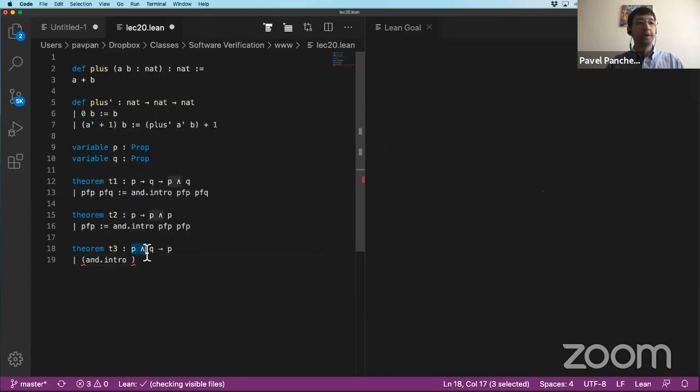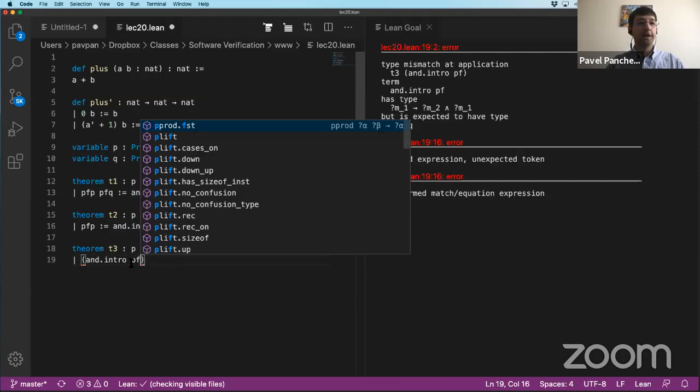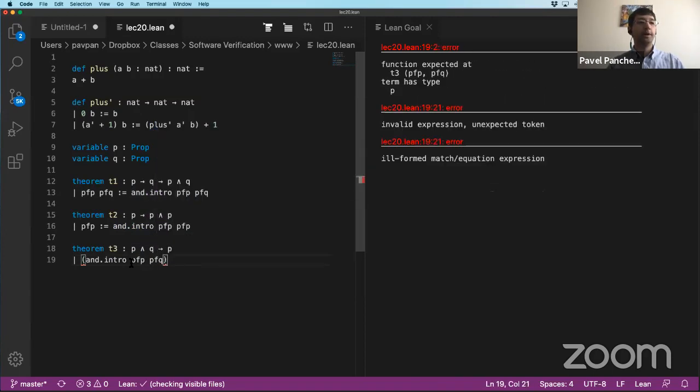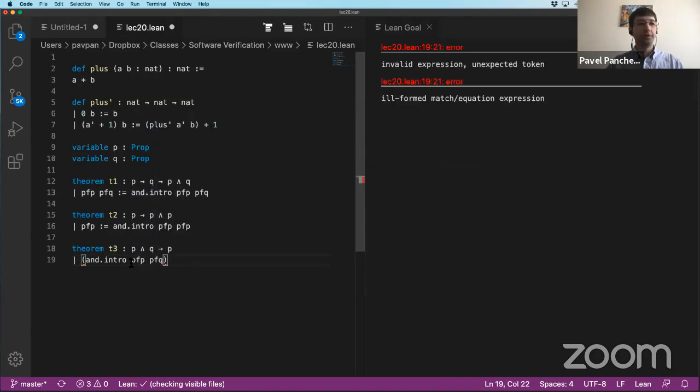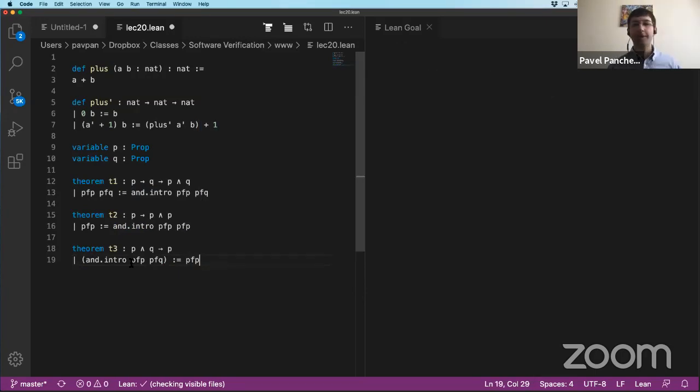So we know that our proof of P and Q is really and.intro applied to a proof of P and a proof of Q. And so in that case, to prove P, we have that proof on hand as well. So here we've got three different proofs that manipulate proof terms a little bit. And so far, I've basically only introduced and to keep things simple, but we'll add a few more in just a moment. So let me take any further questions that have come up.